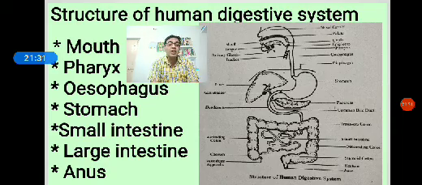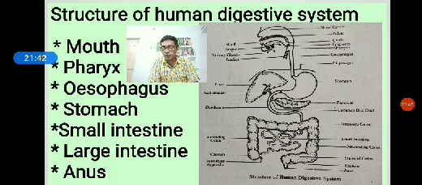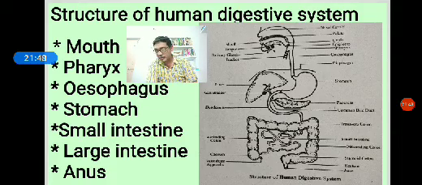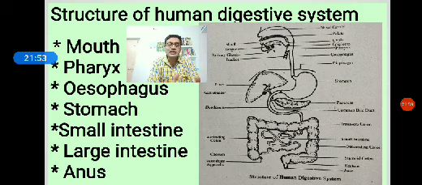When you move on to the next part, it is called the pharynx. Pharynx is commonly called a common passage or throat. Why is it a common passage? Because it allows both air and food. Pharynx is a muscular region, 12 centimeters in length.